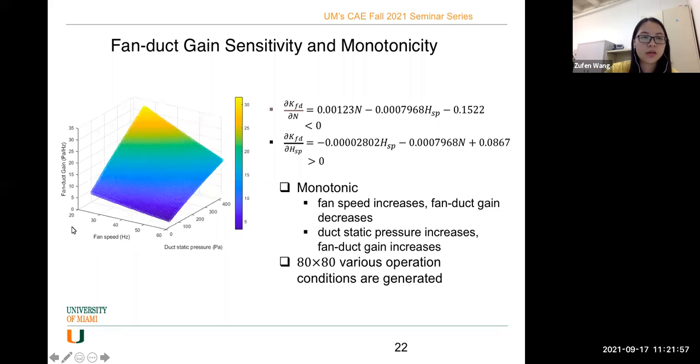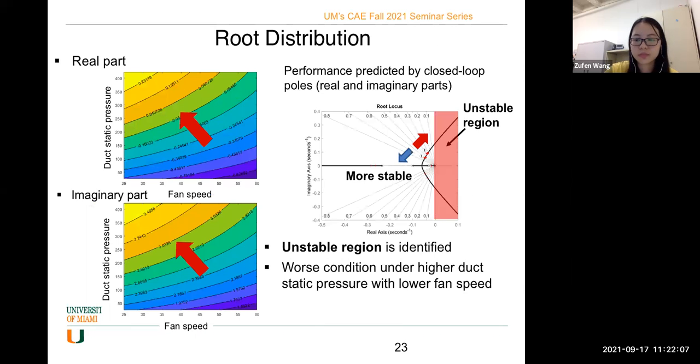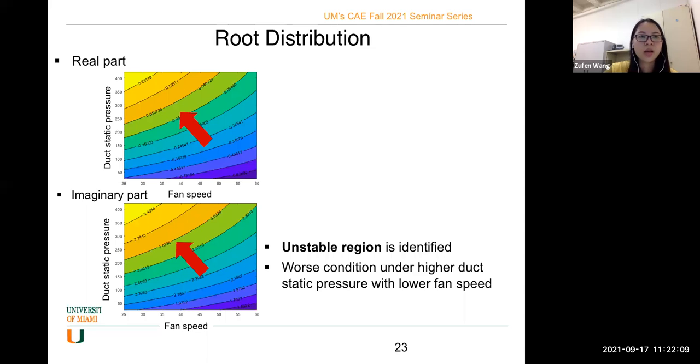Here is the figure showing the fan duct gain at various fan speeds and duct static pressures. Because putting all the parameters into one figure would make it four-dimensional, to make it clear, we separate the real part and the imaginary part and use contour lines to show their values.